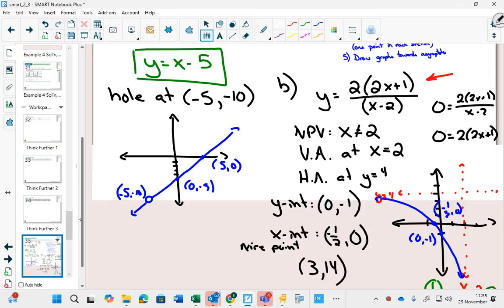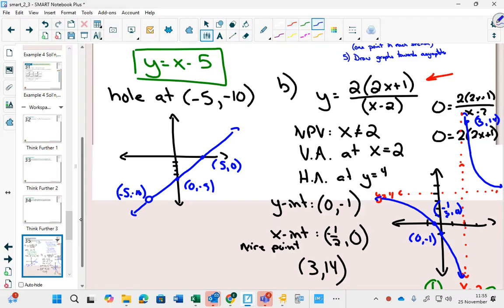Okay, this isn't the nicest because 1, 2, 3, 4, 5. Oh my goodness. I'm going to just assume this is about where 14 is. But now that you have that point, you can just draw it towards the asymptotes. And you're done. But we have to have 1 point in that section.